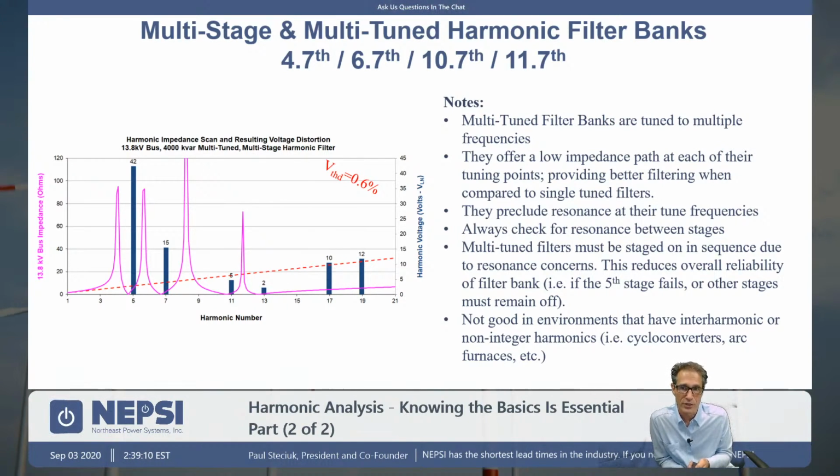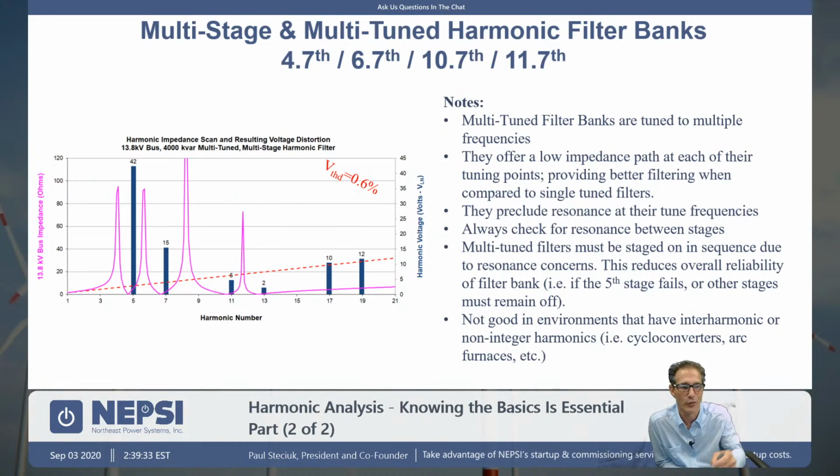So there's a general rule of thumb that you cannot operate the higher stages. You cannot operate the seventh stage while the fifth is offline. You can't operate the 11th harmonic stage while the seventh is offline. Sorry, that is wrong.